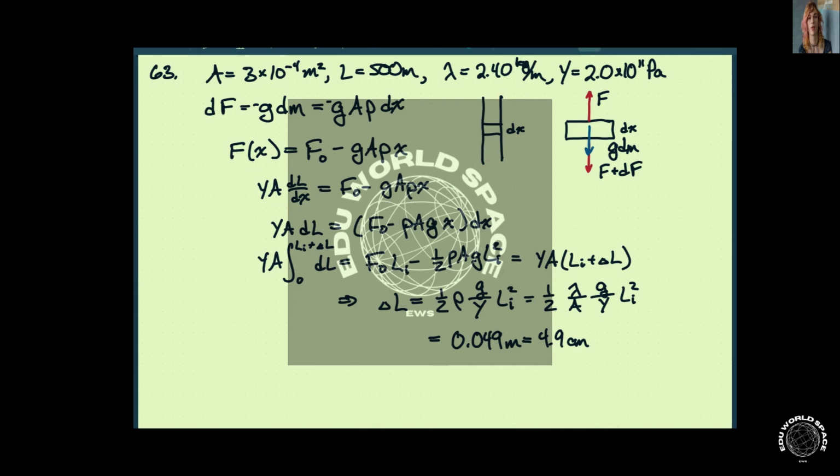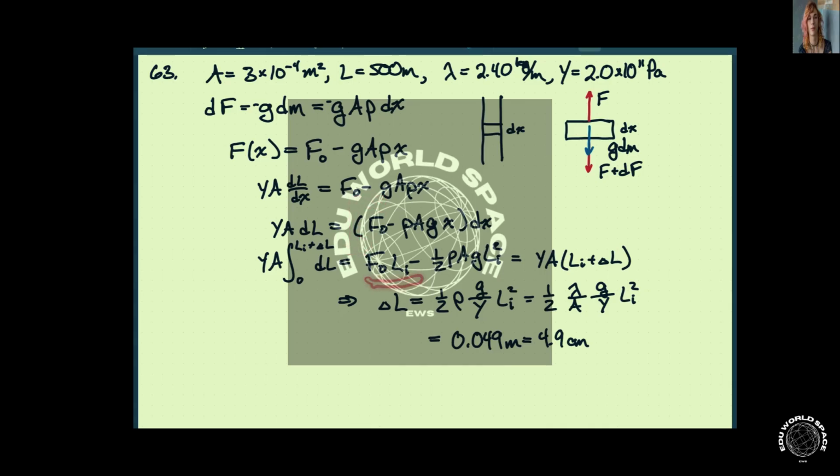And so x is not the same as L. You can think of this as if you put marks on the wire: we're measuring marks by x, and we're measuring actual distance by L. So that's why we go only from 0 to Li over x.